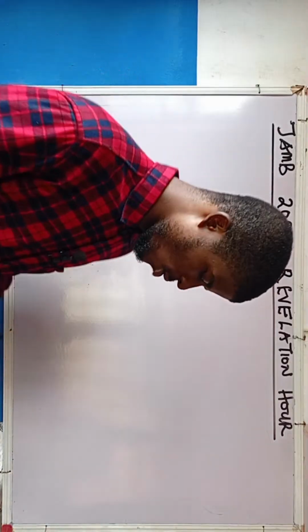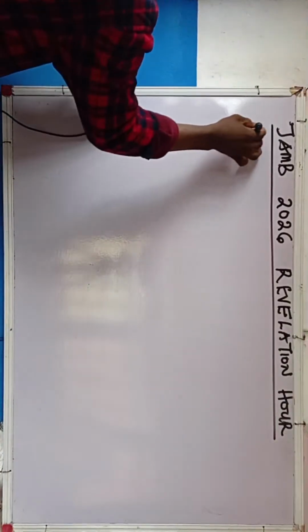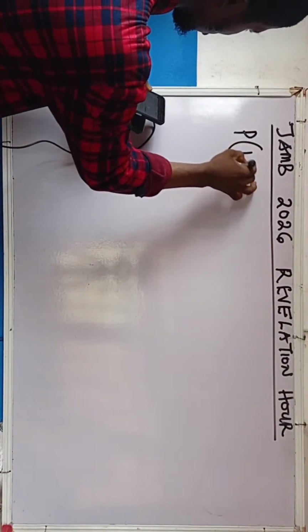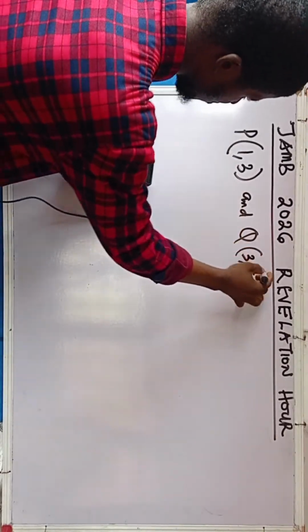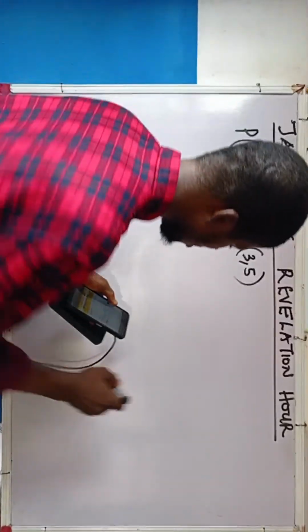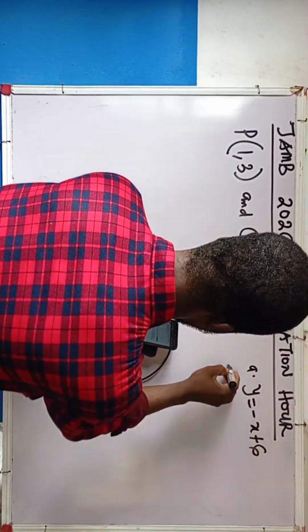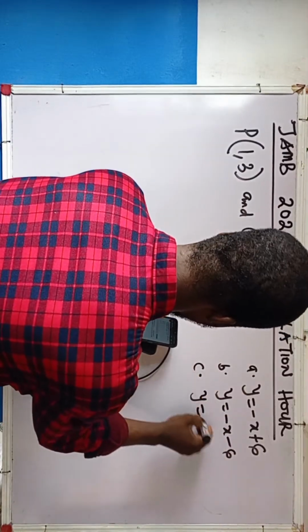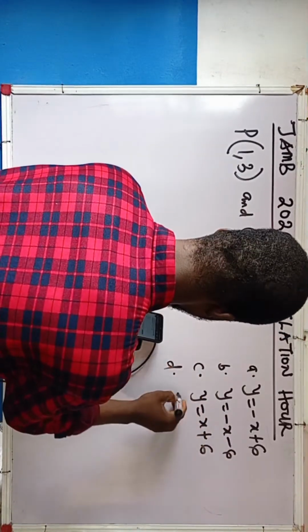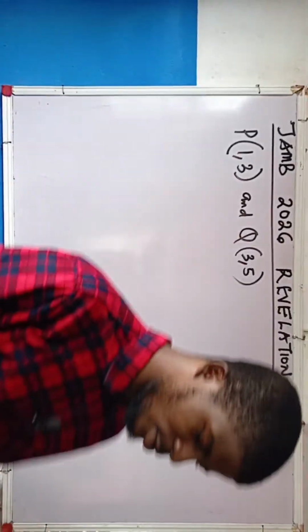The question says, what is the locus of a point that is equidistant from point P (1, 3) and Q (3, 5)? The options: A, y equals minus x plus 6; B, y equals minus x minus 6; C, y equals x plus 6; D, y equals x minus 6. Let me draw this, please.